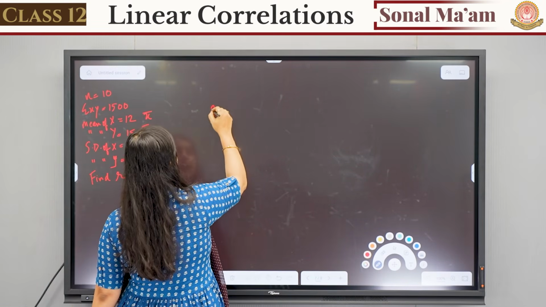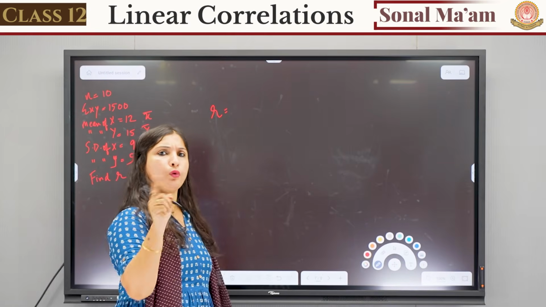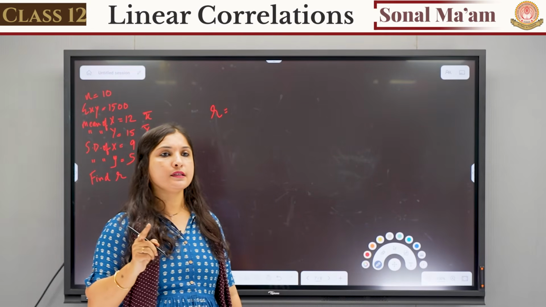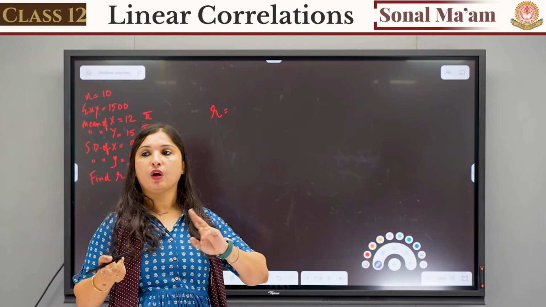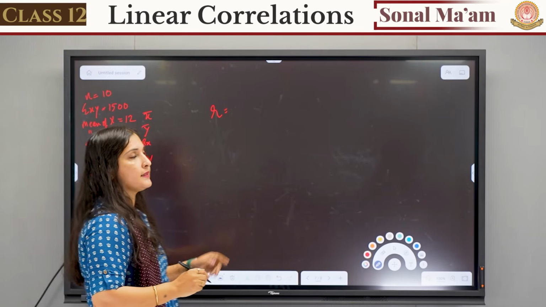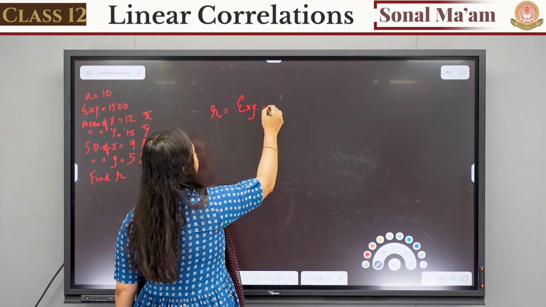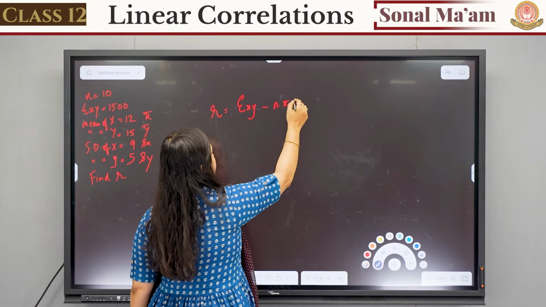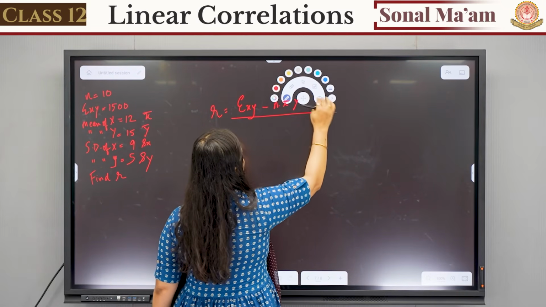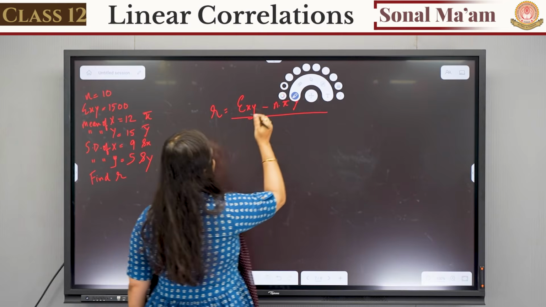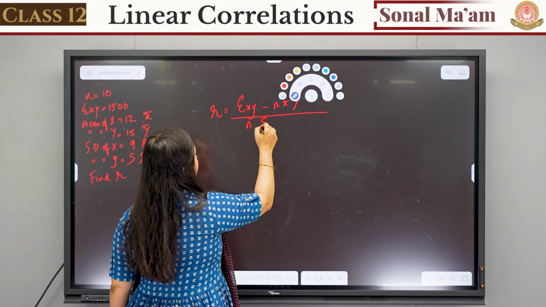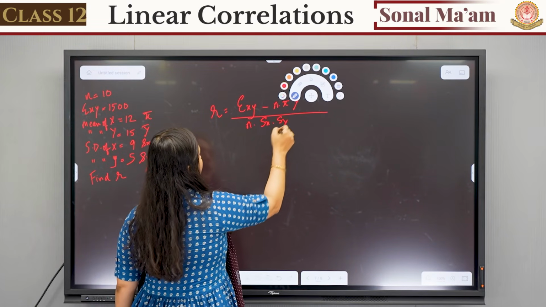Do you remember I told one formula which will be used only for the short sums, which was having x bar, y bar also, and summation x, summation y also? What was the formula? Summation xy minus n into x bar, y bar divided by n into Sx into Sy.